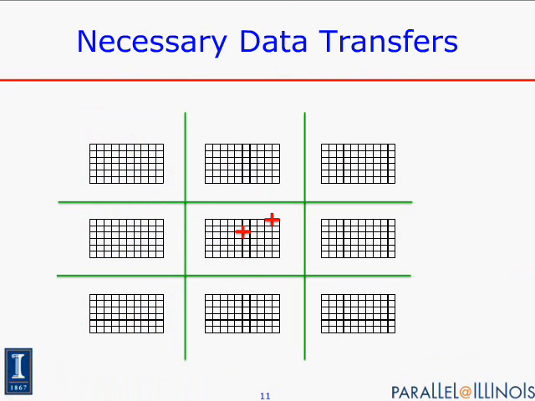It means it needs to reference some data that is on a different process. And to do this, I'm going to have to acquire that data somehow. And when we're looking at building a parallel program, I need to ensure that I can access that data.